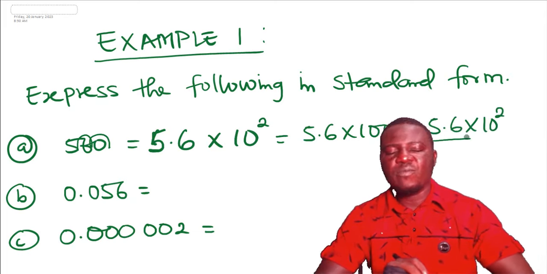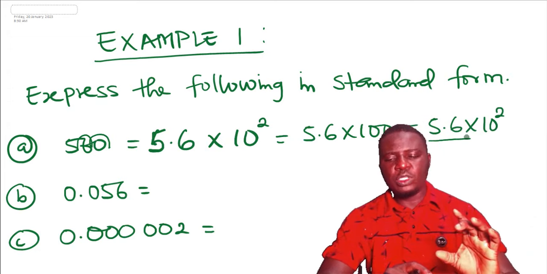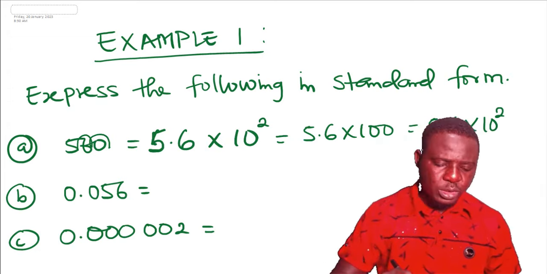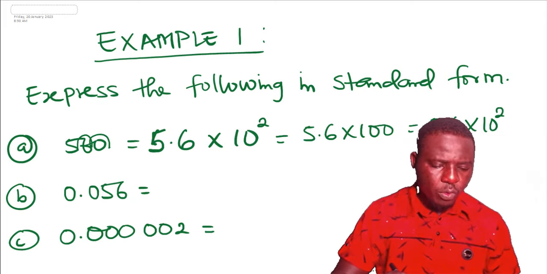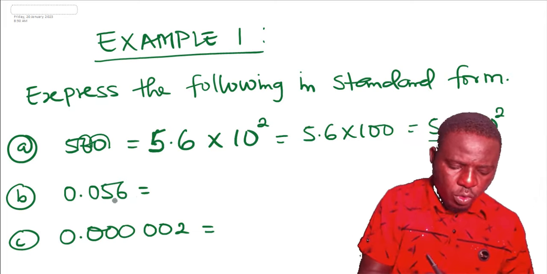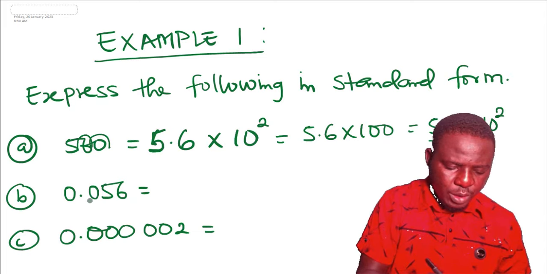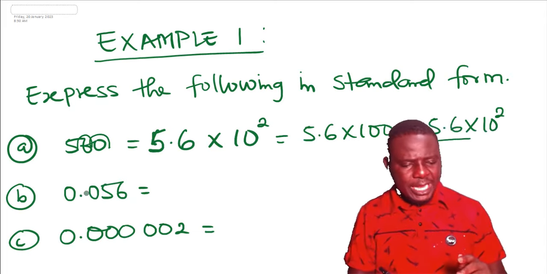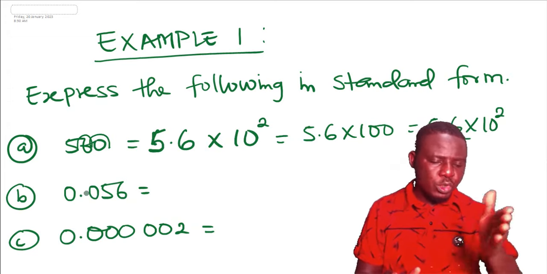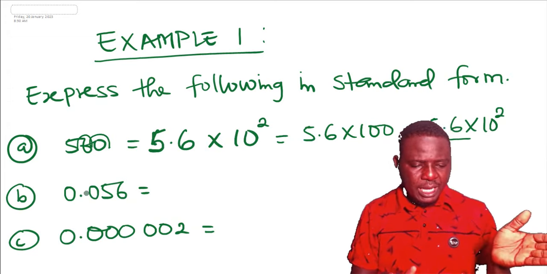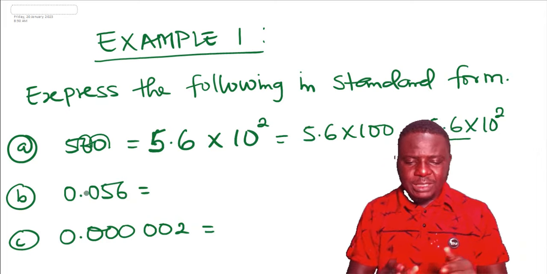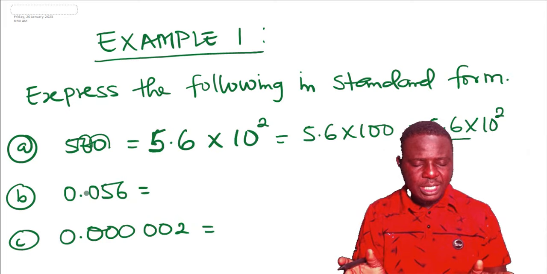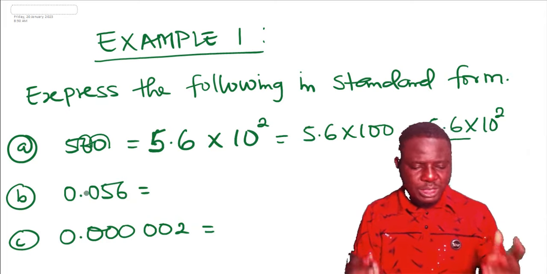Looking at it, 5.6 is a digit that falls between 1 and 10, and 2 is a positive or negative whole number. Also, B, you move the decimal point number of times. If you look at A, when I moved the decimal point towards my left, we said it becomes positive, but when you move it towards the right, the power of n becomes negative.